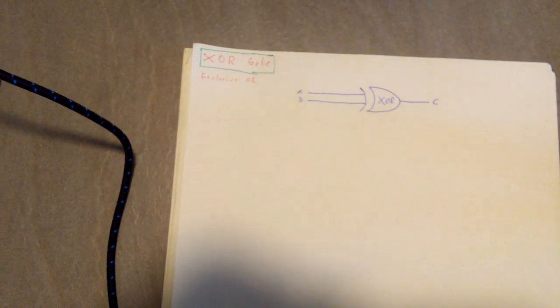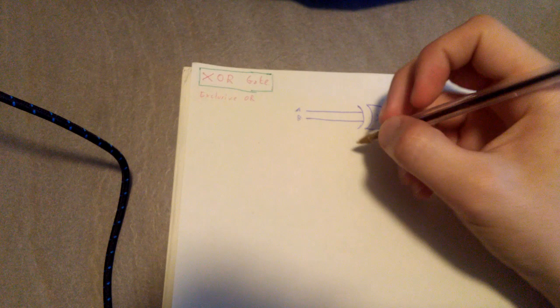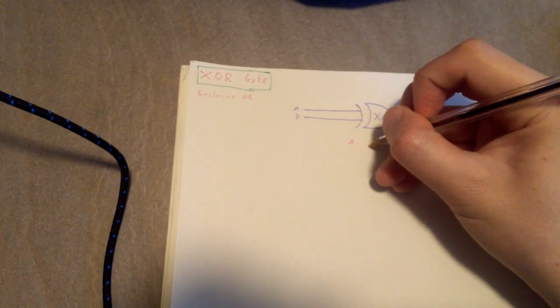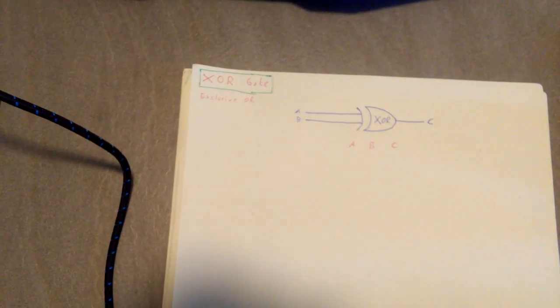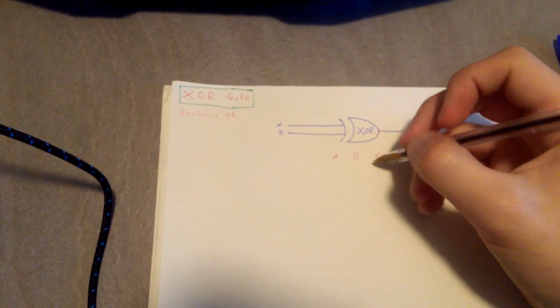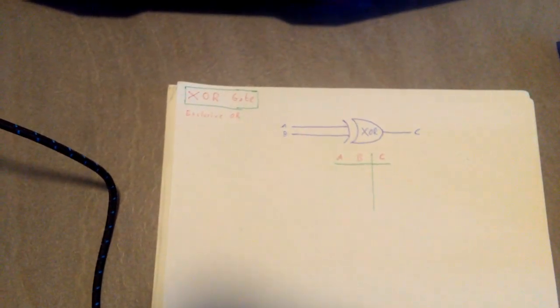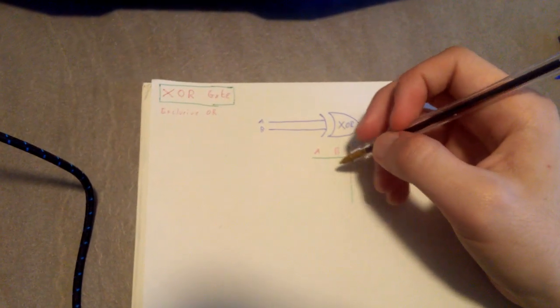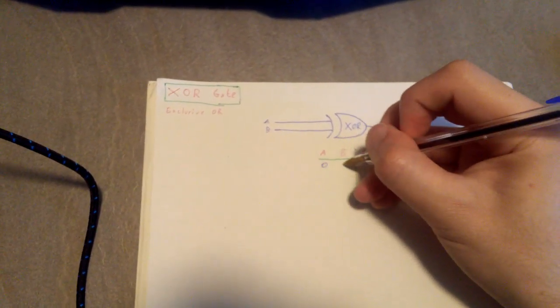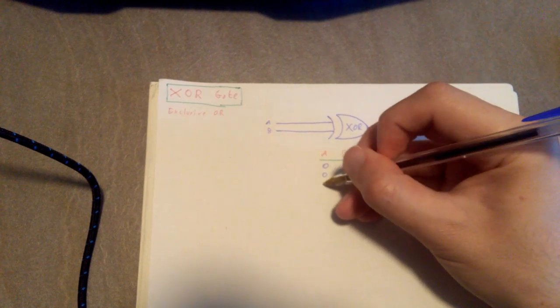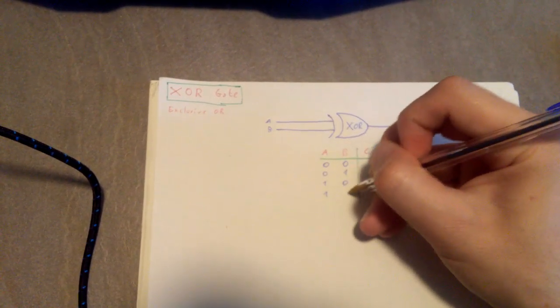So if we write the truth table, just like before, with A, B as the input, C as the output, what do we have? Well, you can just find out: 0, 0, 0, 1, 1, 0, 1, 1.